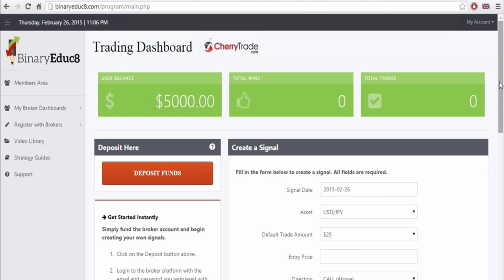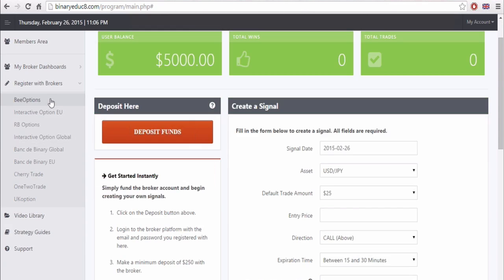What we've changed since the last time, upon request, is that you have a selection of brokers at your fingertips. So if you look to the left, you have been registered with one of our trusted brokers, but if you look at the register with brokers drop-down, it gives you the full list of brokers that are available to use and integrated with the auto trader.